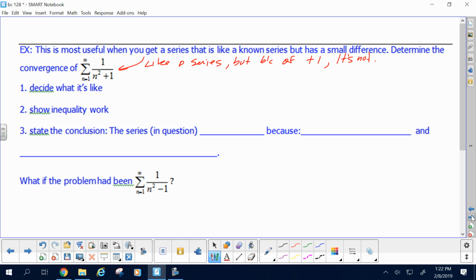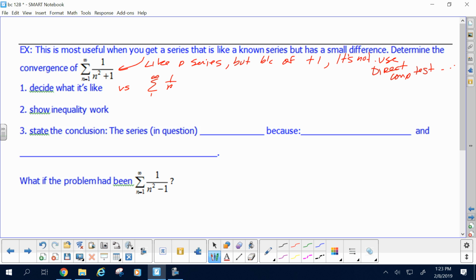If that's the case, then use the direct comparison test. The process then goes like this. You would say something like versus or compared to. What is this like, that you know something about?